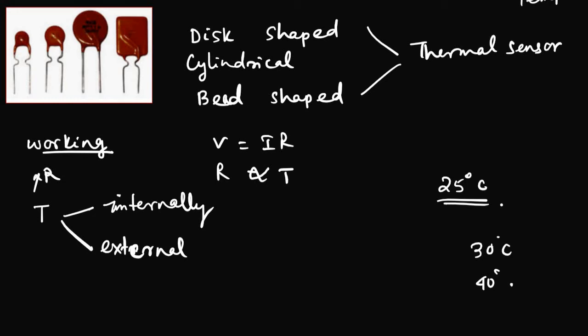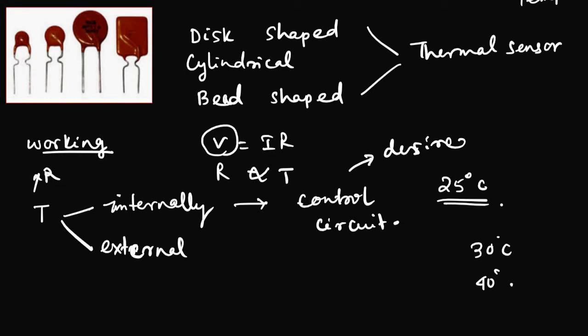What is the internal change of temperature? Now, as we see, if there is a sudden change of current or surge of current, if there is an increase in the current I, or there is a sudden surge in the voltage, of course the R will be changed. Now, when R is changed, the temperature changes. There are some resistors used so as to control the temperature in the circuit, so that we will have the desired value of resistance.